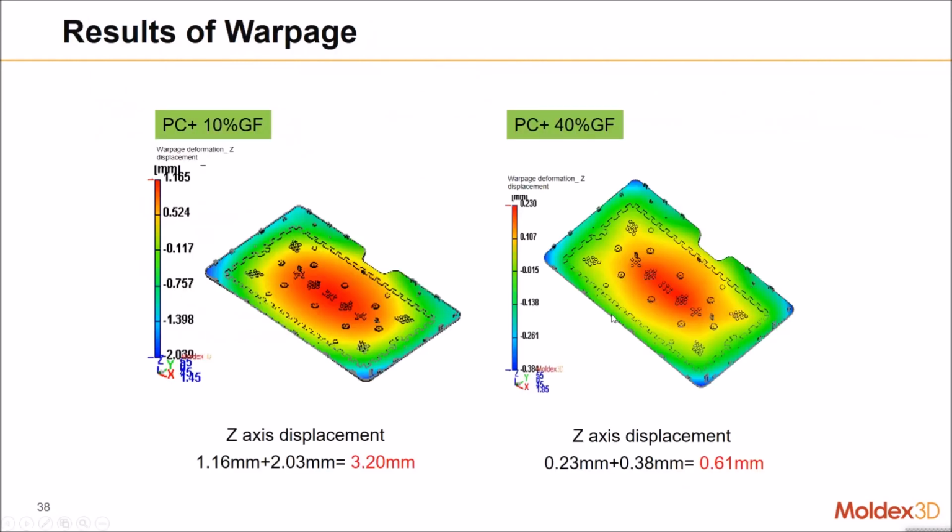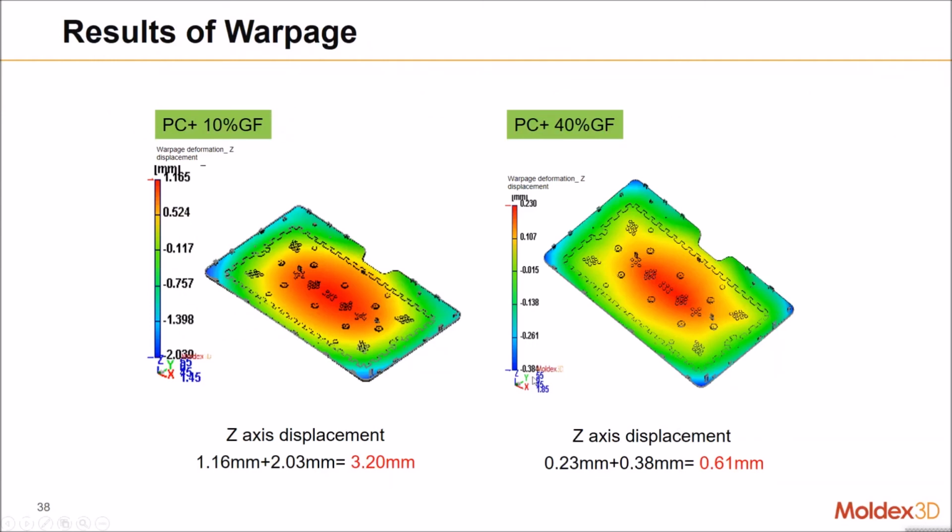Here are the results of the warpage along the Z direction. For PC plus 10% glass fiber, the total displacement value is 3.2 millimeter, and for PC plus 40% glass fiber, the total displacement value is 0.61 millimeter.